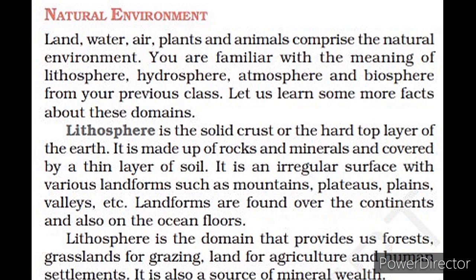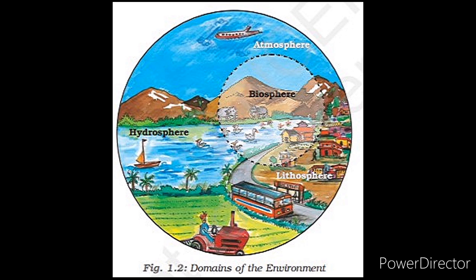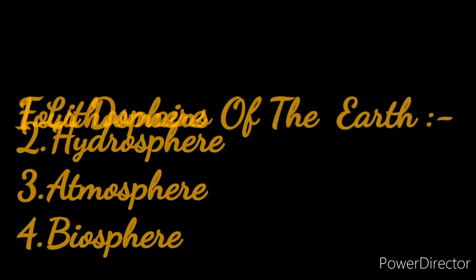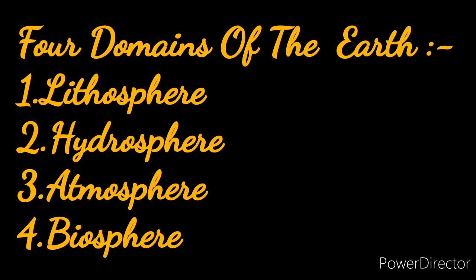So now we will discuss the natural environment. All those components which are given to us by nature are known as natural environment, like land, water, air, etc. There are some domains of our environment, which are as follows: lithosphere, hydrosphere, atmosphere and biosphere.